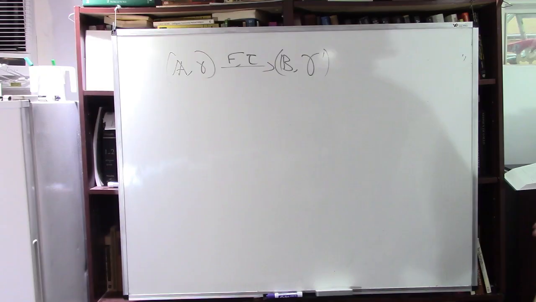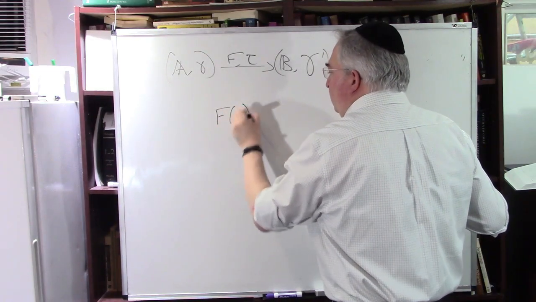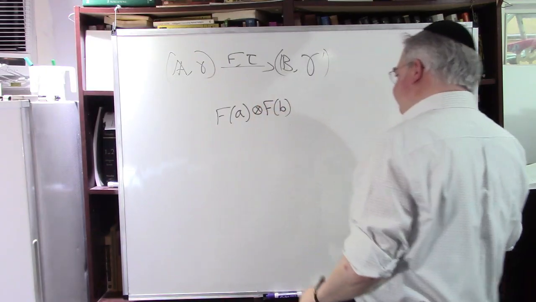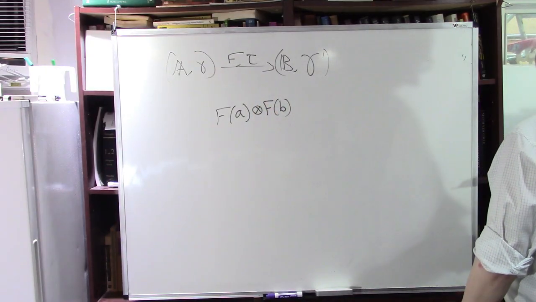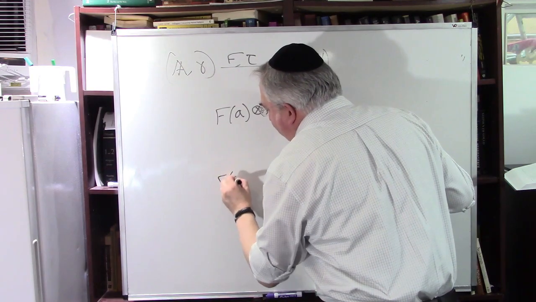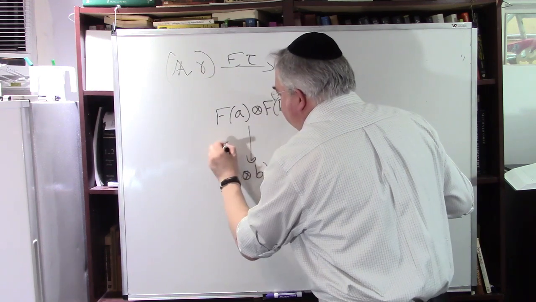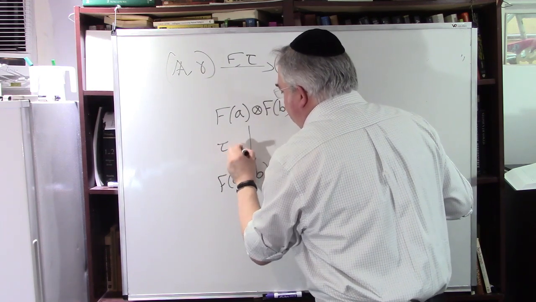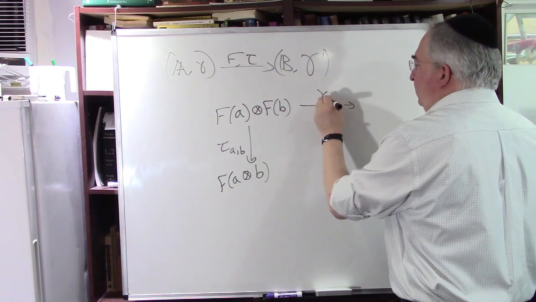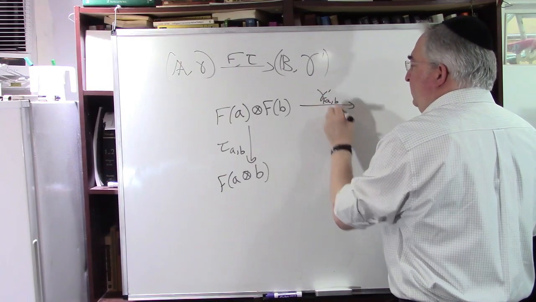Well, we want these two to respect this tau, or they should respect each other. You ready? So we have F of A tensor F of B, to F of A tensor B, that is tau of A comma B, but we could also swap them.